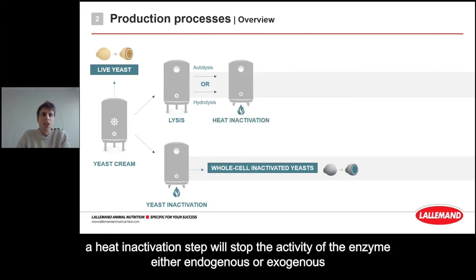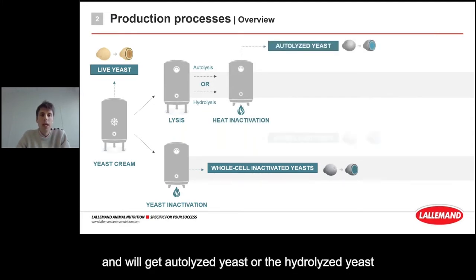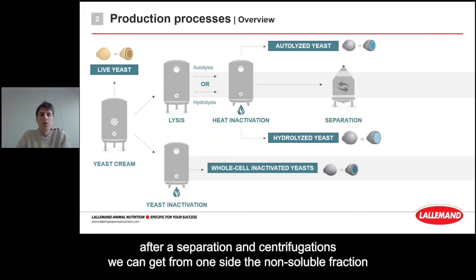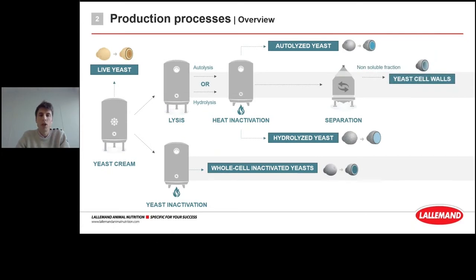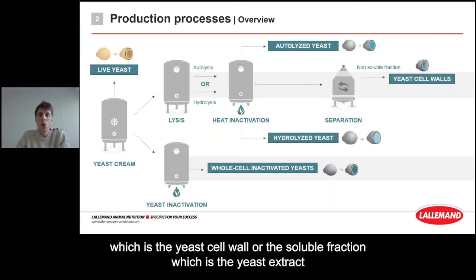A heat inactivation step will stop the activity of the enzymes, and we will get autolyzed yeast or hydrolyzed yeast. After a separation and centrifugation step, we get from one side the non-soluble fraction, which is the yeast cell wall, and the soluble fraction, which is the yeast extract.